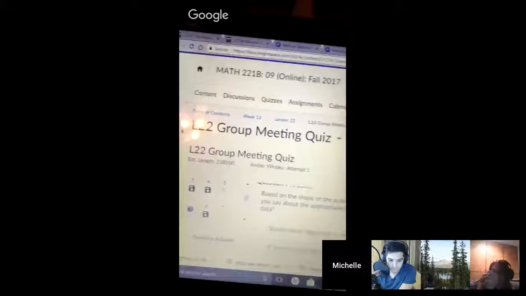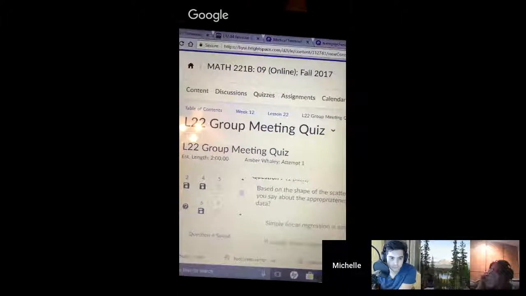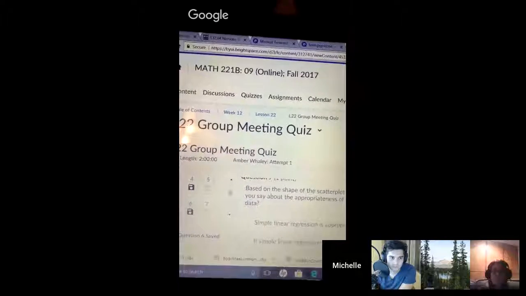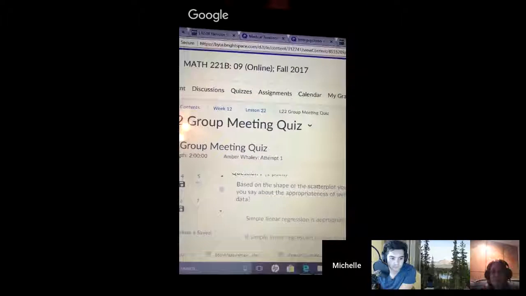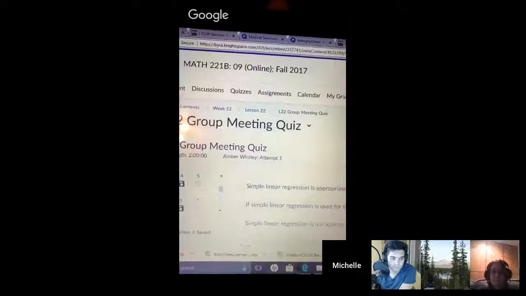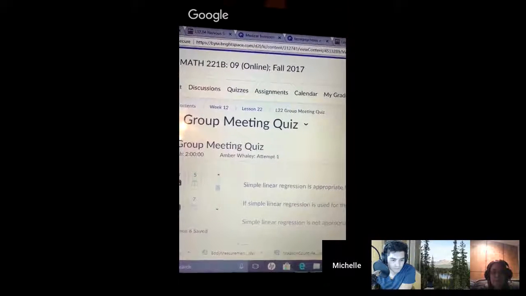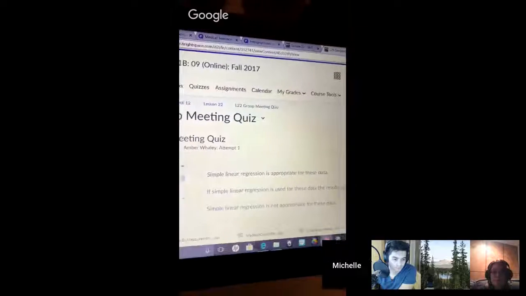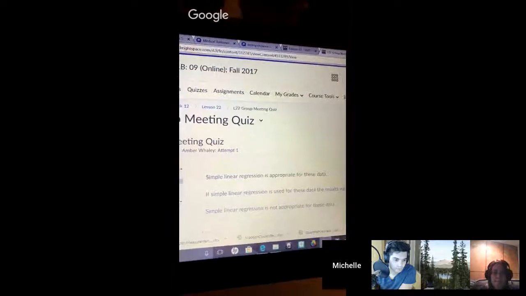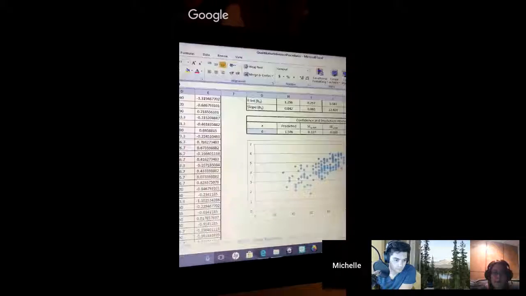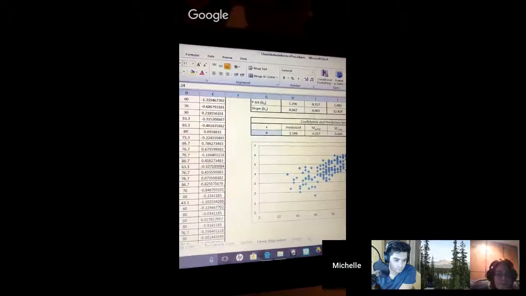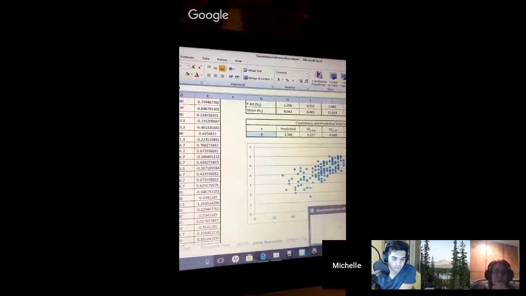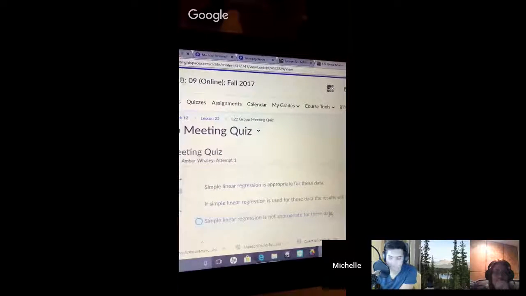Based on the shape of the scatter plot you produced in the last question, what could you say about the appropriateness of using simple linear regression to model these data? Simple linear regression is appropriate if... Are we safe to say that it's appropriate?